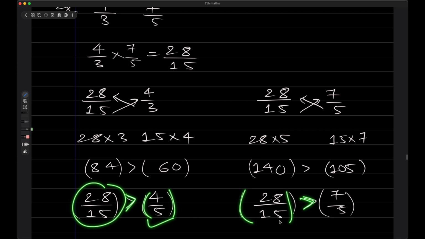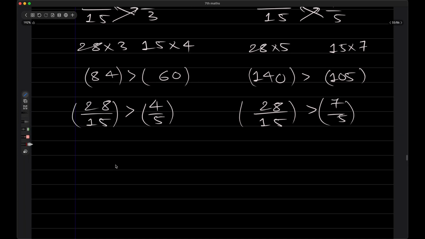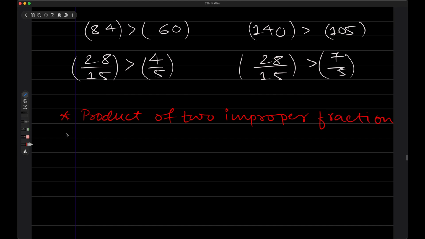So I can write that the product of two improper fractions is greater than both individual improper fractions.